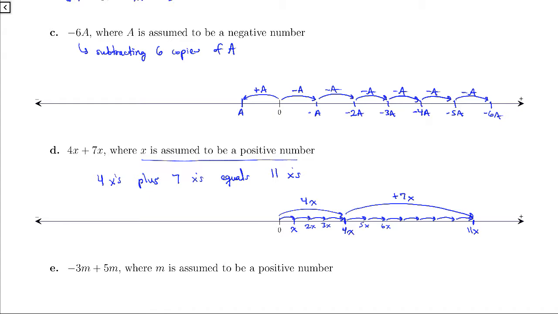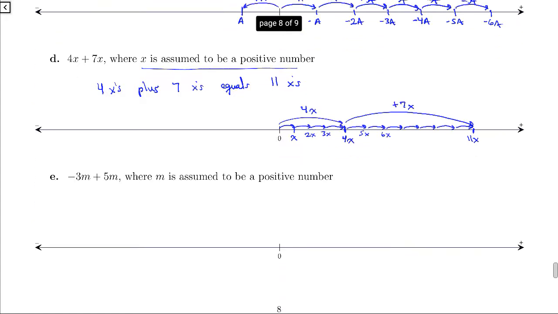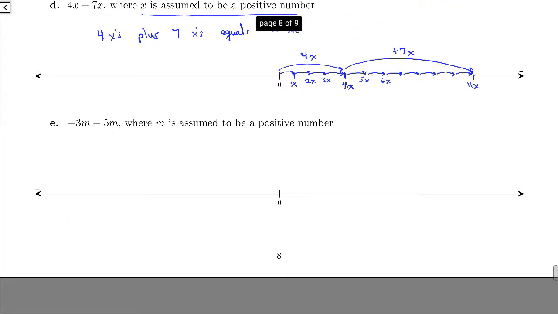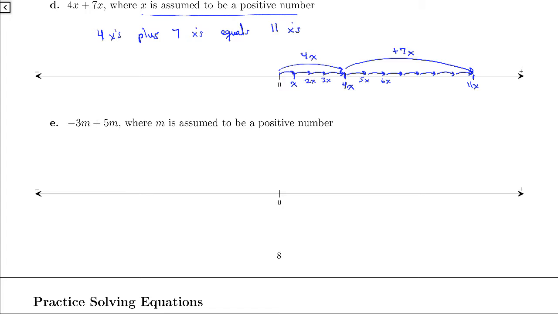Okay, 4 copies of x plus 7 more copies of x gives you 11 copies of x. Okay, negative 3m plus 5m, where m is assumed to be a positive number. So I'm going to put m here as a positive number.